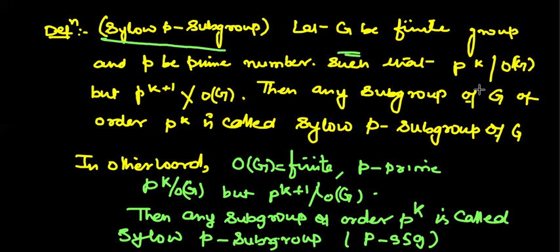G finite होना चाहिए, p की k power order को divide करता है और p की k plus 1 order को divide नहीं करता, तो एक subgroup होगा जिसका order p raised to power k होगा। ऐसे subgroup को हम बोलते हैं Sylow p-subgroup. In other words, if order of G is finite, p is a prime, p raised to power k divides order of G but p raised to power k plus 1 does not divide order of G, then any subgroup of order p^k is called a Sylow subgroup.